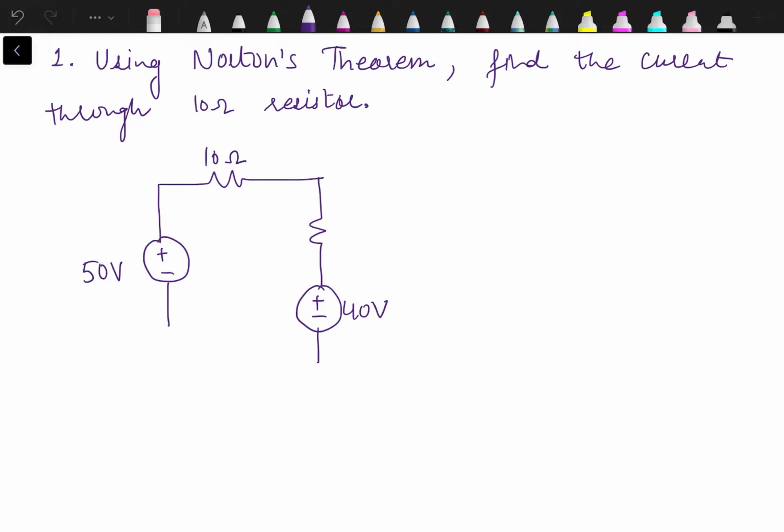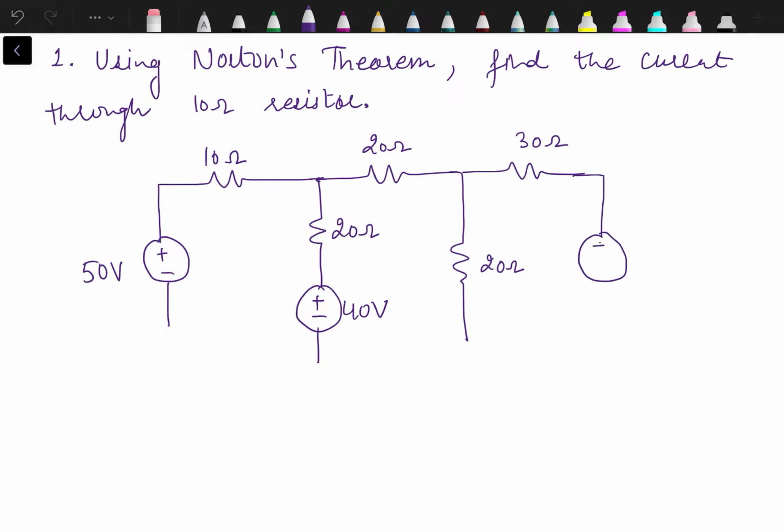This one is 10 ohm, basically the load resistance, 20 ohm, again 20 ohm, 20, 30, and the last voltage source is supplying 100 volts. So this is a circuit. We need to find out the current through the 10 ohm resistance. So basically these two are the load terminals, marking them as A and B.